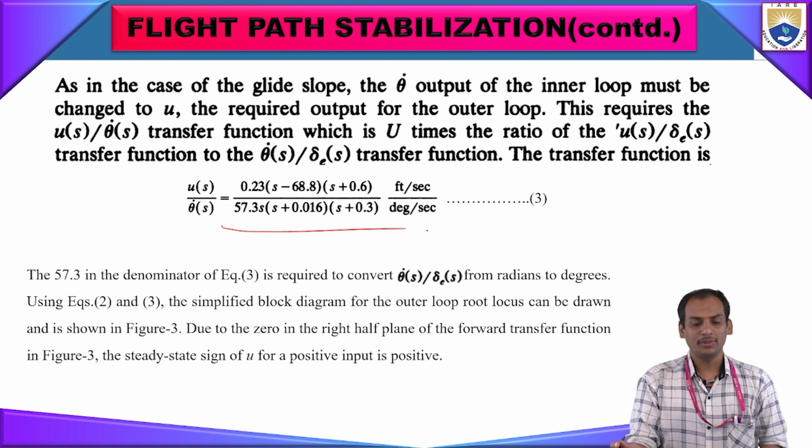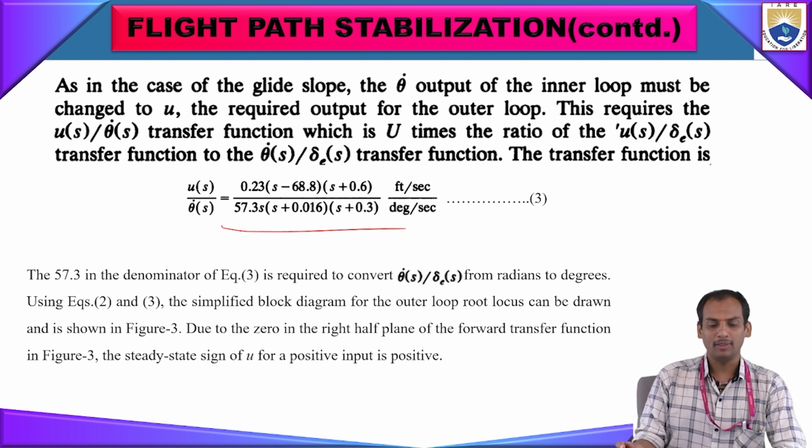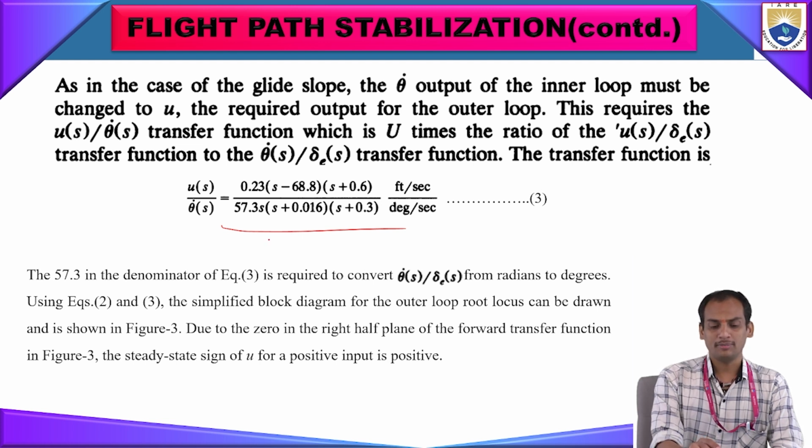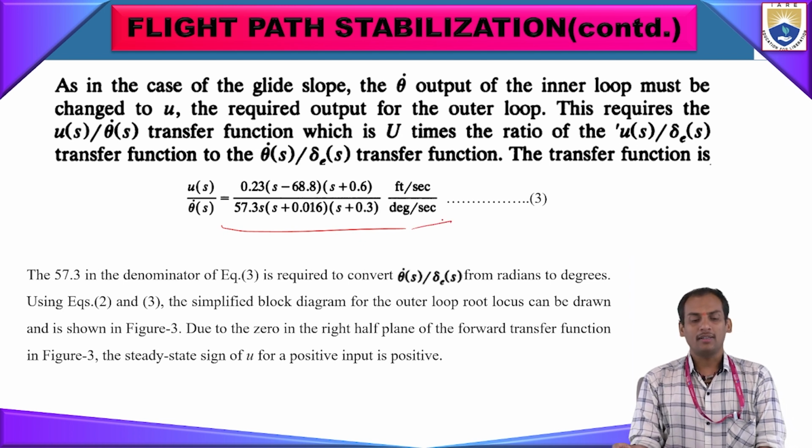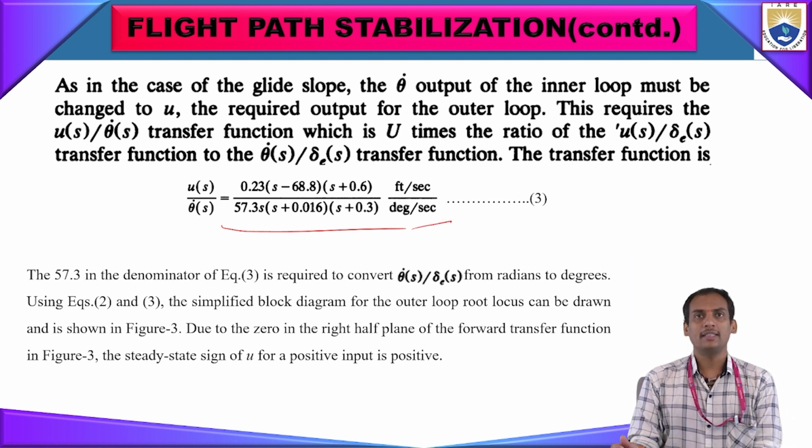So u of s by theta dot of s will be 0.23 into (s minus 68.6) into (s plus 0.6) by 57.3 into (s minus 57.3) into s into (s plus 0.016) into (s plus 0.3). This is actually the transfer function for u of s by theta of s.